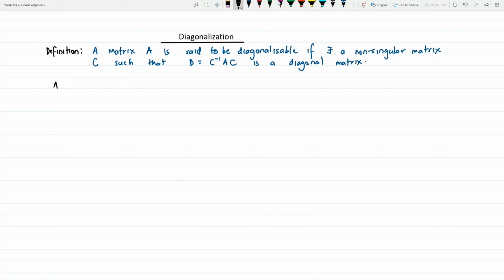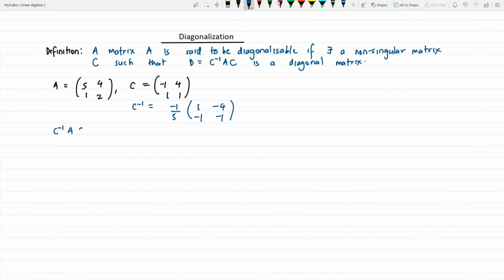Consider the matrix A given by 5, 4, 1, 2 and let's take C equal to -1, 4, 1, 1. Since C is a 2 by 2 matrix, we know its inverse. Let us now consider the product C inverse times A times C, which is going to be -1 over 5 into the matrix times A, which is 5, 4, 1, 2 times C, which is -1, 4, 1, 1.